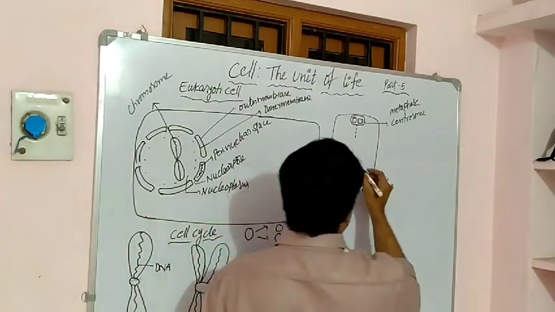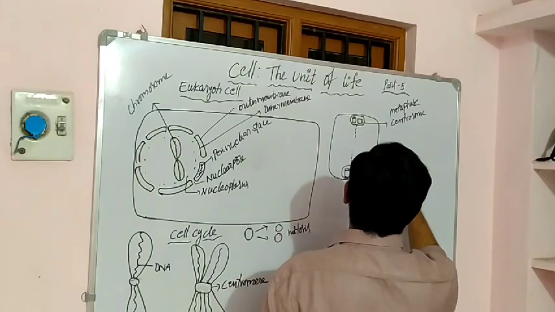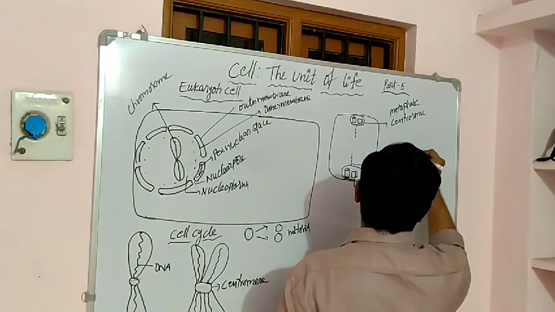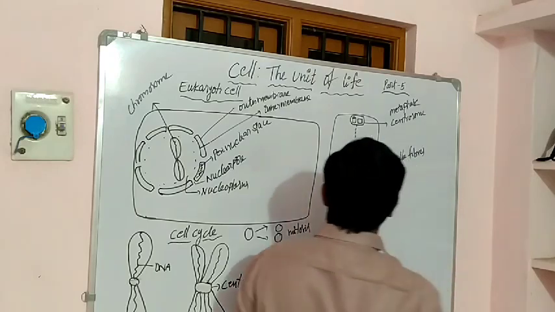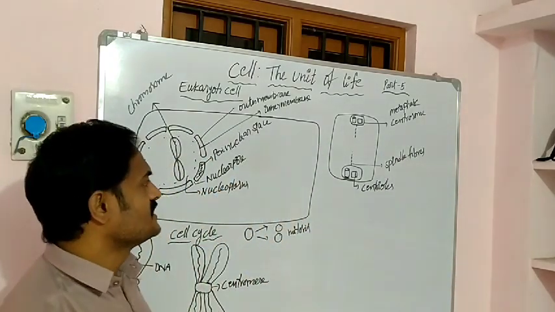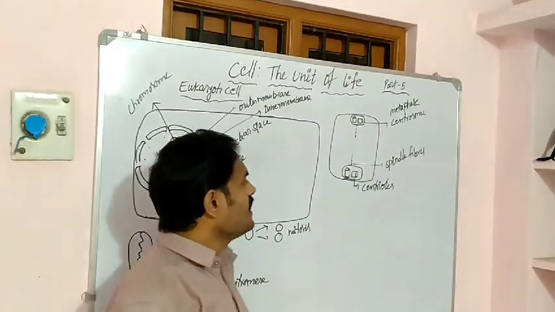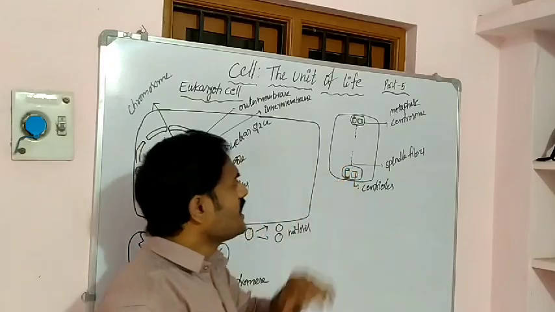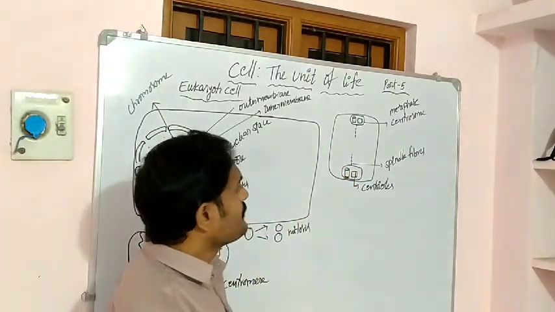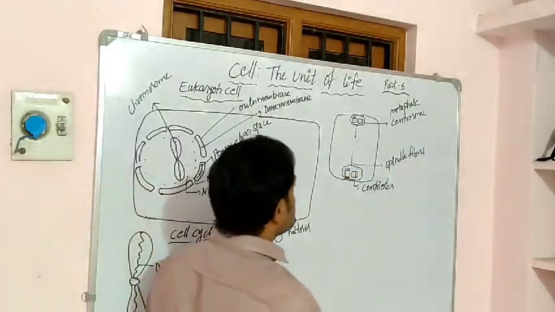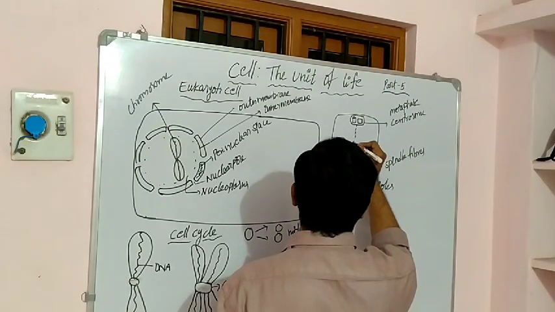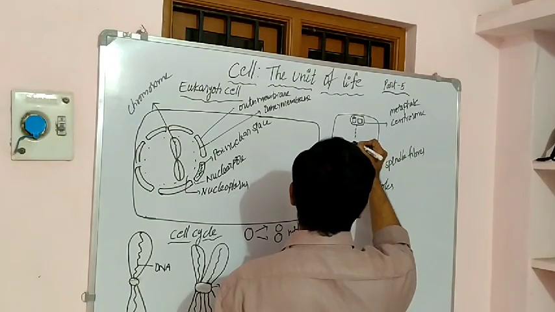These thread-like arrangements are called spindle fibers. The spindle fibers are arranged from the centrosome. Remember that the spindle fibers arise from the centrosome.